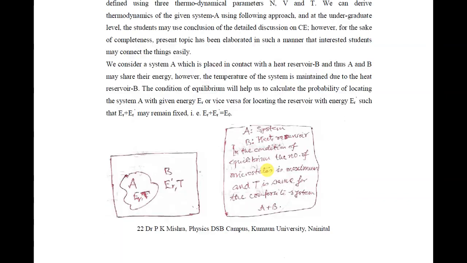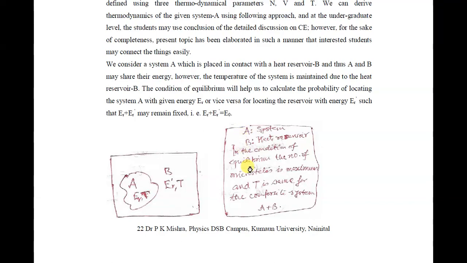To appreciate this fact, in the canonical ensemble, we consider a system A having energy ER and temperature capital T, which is in contact with the heat reservoir, that is B, having energy ER dash, and also temperature capital T. So ER and ER dash add up to the total energy E0 of the composite system A and B.